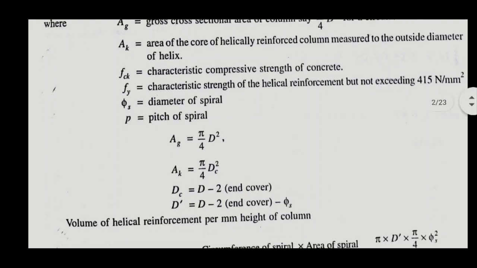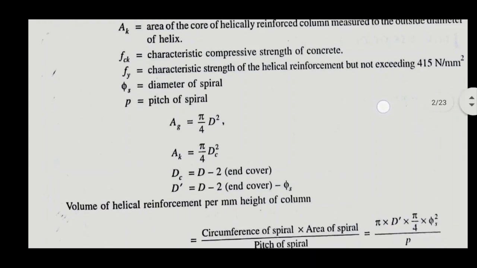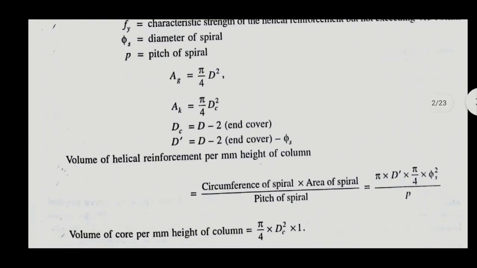Volume of helical reinforcement per mm height of column is equal to circumference of spiral into area of spiral by pitch of spiral. So that is equal to pi into D dash into pi by 4 into phi square by p. Circumference of spiral is pi into D dash and area of spiral is pi by 4 into phi square, and pitch is p.